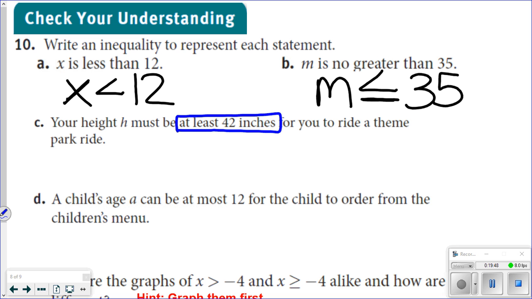They're not tall enough. So your height, h, must be at least 42 inches tall. If you, as a freshman, are taller than 42, then you can ride. Somebody who's 6 feet tall can ride. So your height must be greater than or equal to 42.